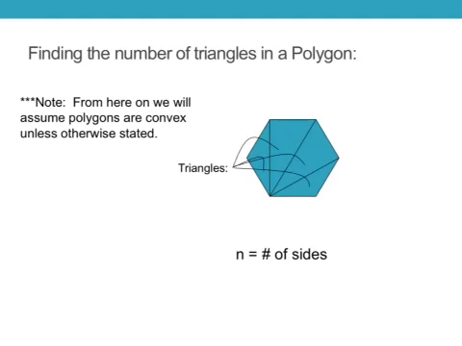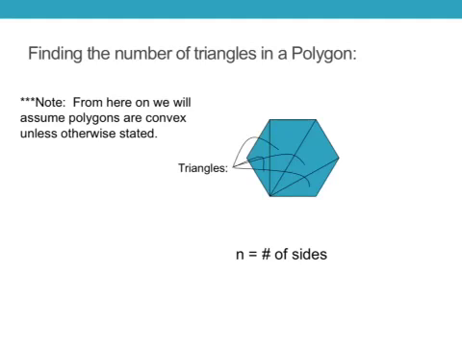Now, what we want to talk about now is finding the number of triangles in a polygon, because when we are dealing with interior angles, this has to do with breaking up our polygon into triangles. And a lot of other concepts deal with breaking up polygons into triangles, such as finding the area inside of a polygon.